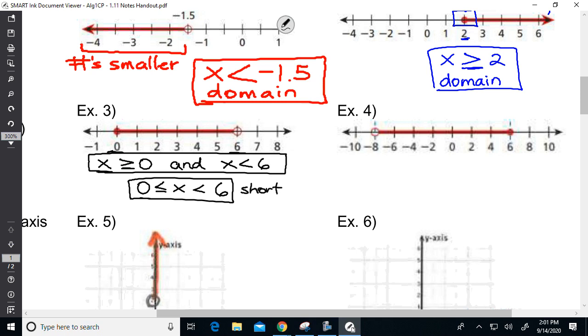So this is the short way to write it. They mean the same thing. If you don't want to write it the short way, that's fine. No one's going to be mad at you for that.